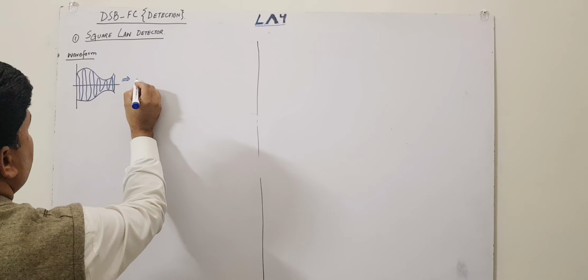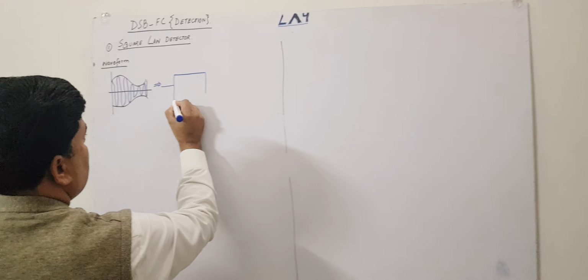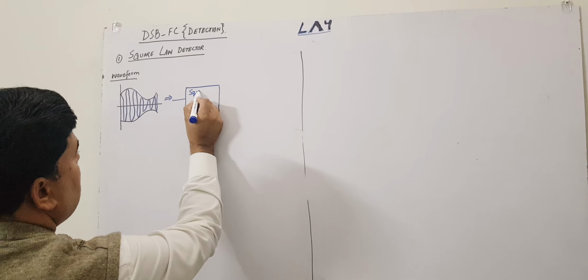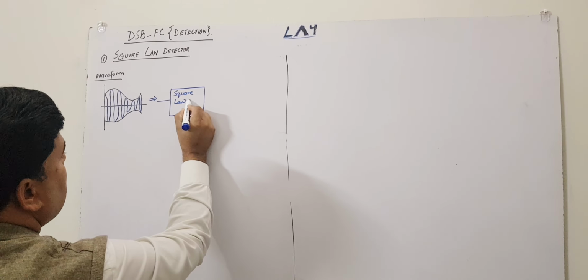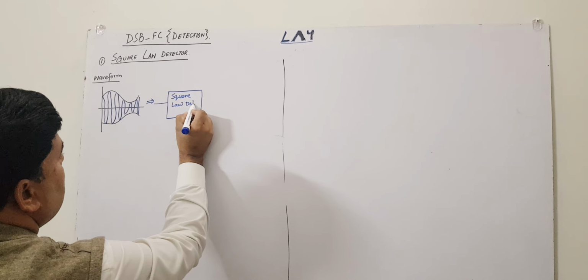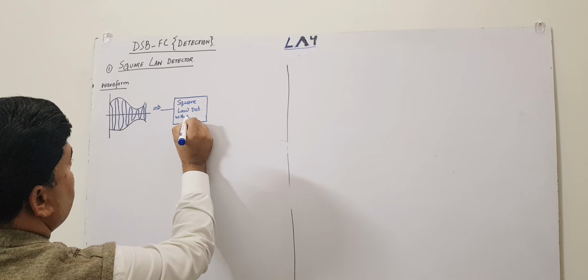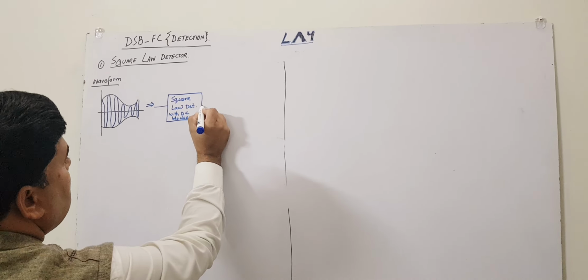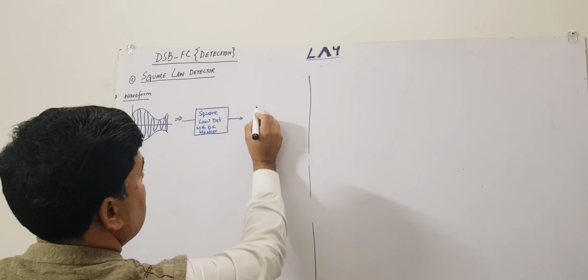If this waveform is inserted in the square law detector with DC blocker, then we will end up with the output.